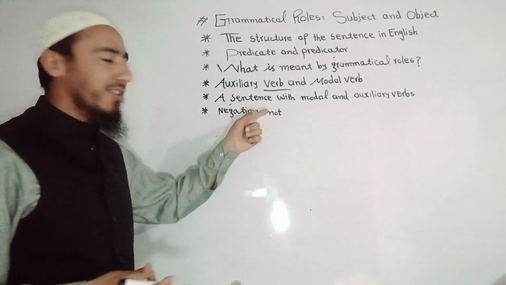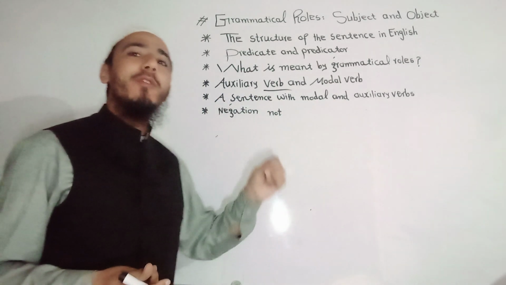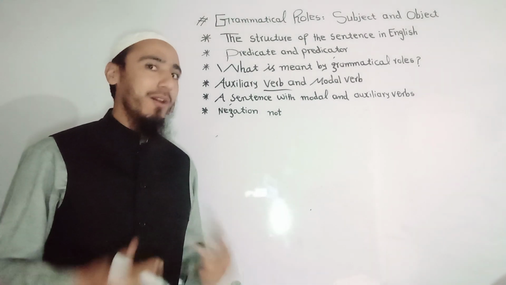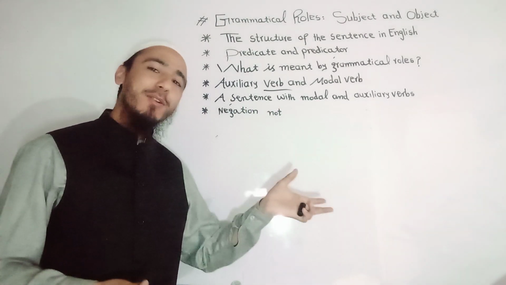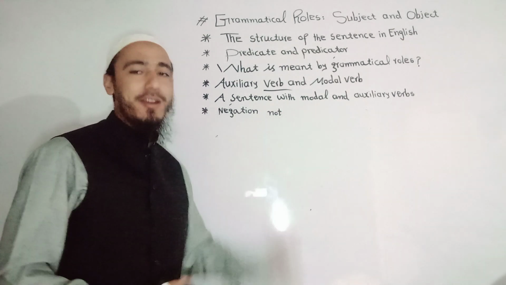And there is just one interesting example I'm sharing with you, where you will find both a helping verb as well as a modal verb, because auxiliary verb is also called helping verb. So you will find auxiliary verb as well and modal verb as well.